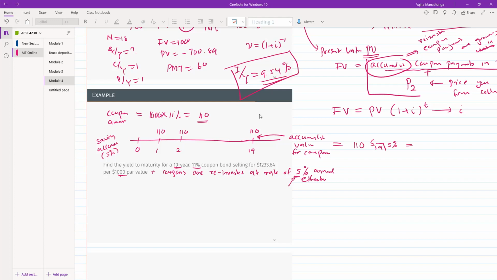So how do you get the accumulated value for coupons? N is 19, payment is 110, present value is 0, future value is what you want, I/Y is 5%. We said this is annual effective. And the coupon we are receiving only once per year, so payments per year is 1, and the compounding in the account is 1. Let me use my calculator.